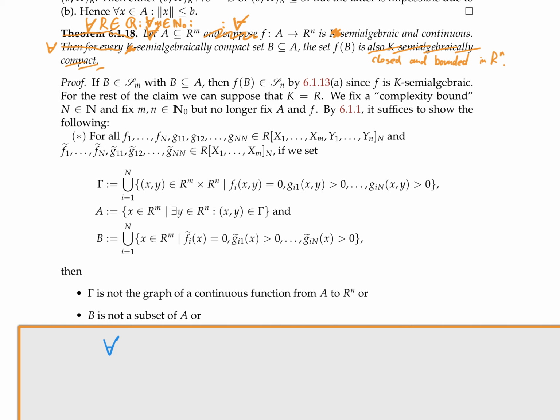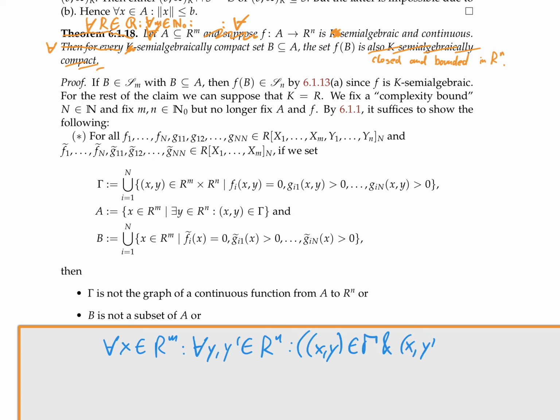So I just need to write that for all x in R^m and for all y, y prime, both in R^n, if (x,y) is in gamma and (x,y prime) is in gamma, then y equals y prime, component-wise, of course, right?